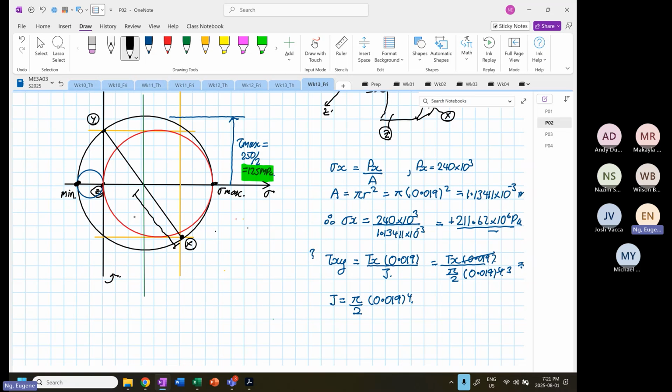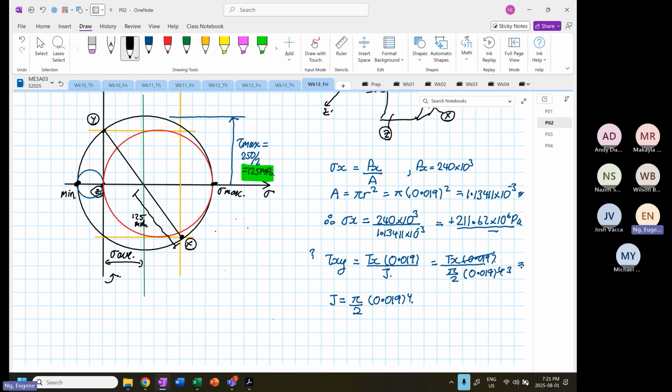We know this has to be your 125 megapascal. We also know where our stress average is, right? So the stress average is here. Okay, this is our stress average.